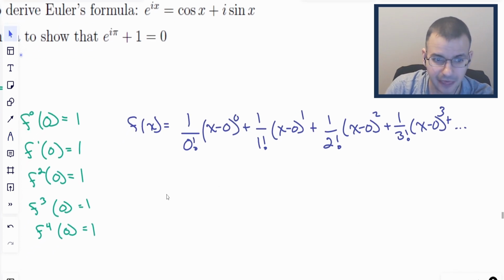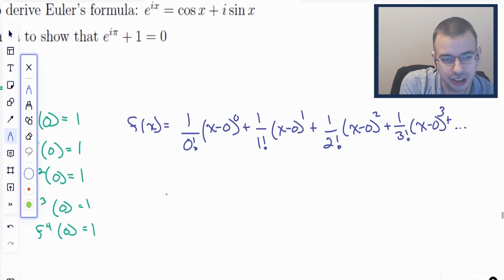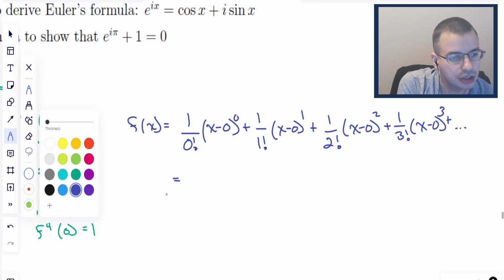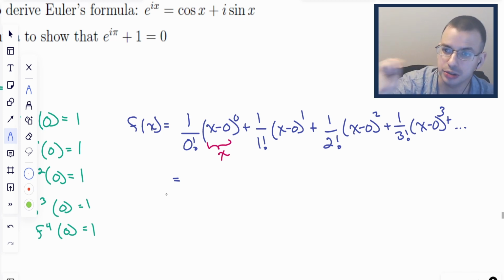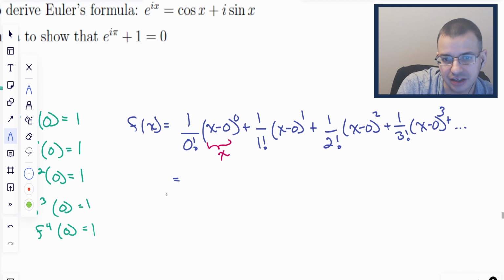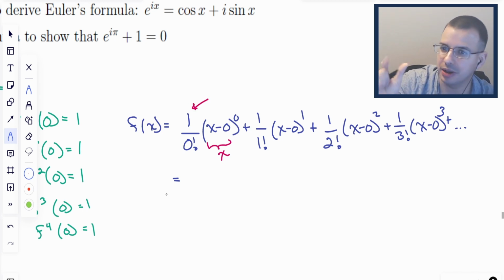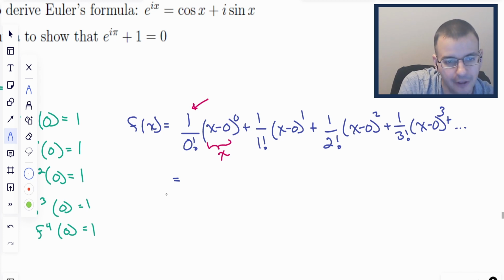All right, so now that we've got that, we're going to simplify this. This section right here, x minus 0, is going to be the same as x, and we're just going to ignore this 1 because when you multiply something by 1, it stays the same. The first term, x minus 0 to the 0, anything to the 0 is going to be 1.